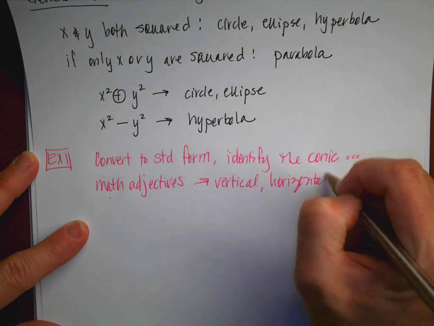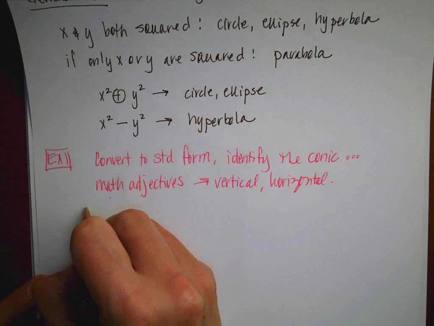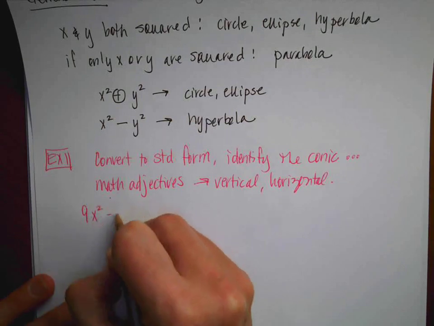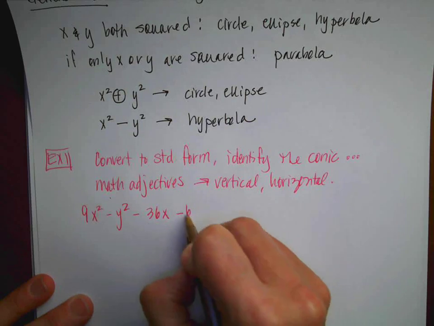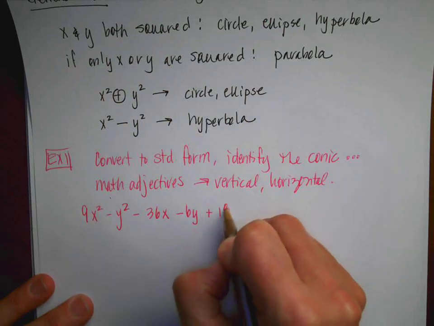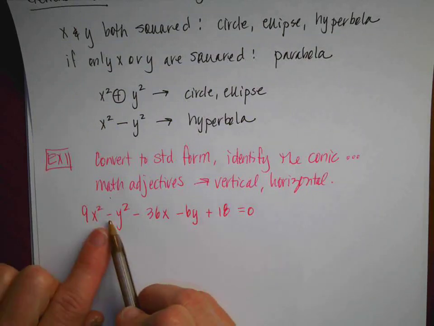Okay, so we want to be very specific about what type of conic we have. The equation that we're going to be given is 9x squared minus y squared minus 36x minus 6y plus 18 is equal to 0. So right off the bat, we know that it's going to be a hyperbola.